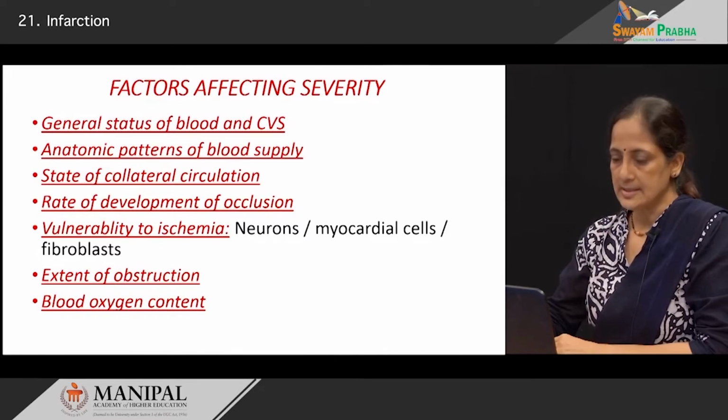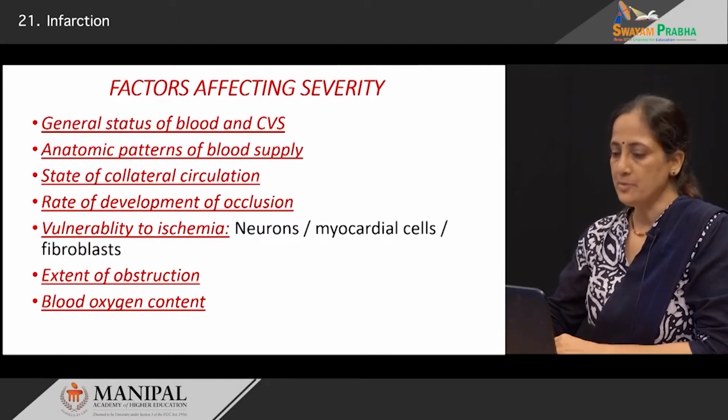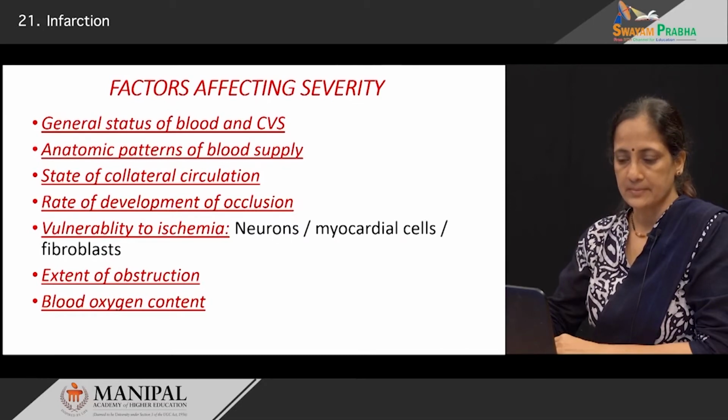Vulnerability of the tissue to ischemia. The neurons, myocardial cells, are highly prone to ischemic necrosis. Hence, the type of tissue that is subjected to hypoxia matters. The extent of obstruction in a vessel also determines the degree of infarction. A small obstruction in a small vessel means only a small infarct results.